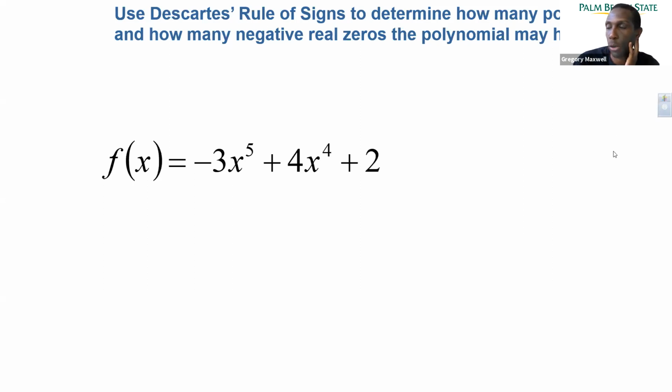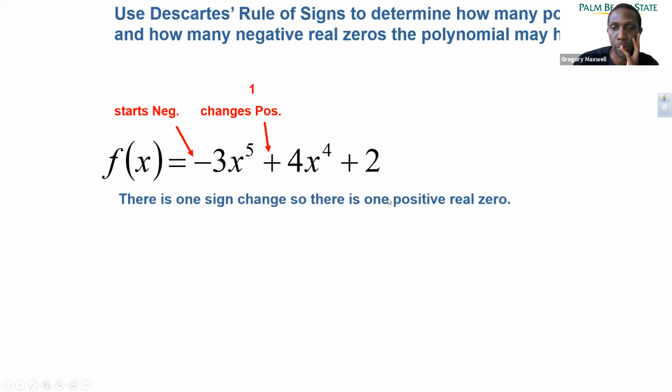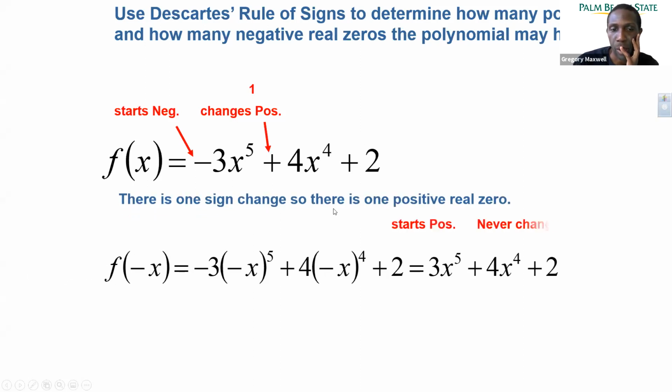Since it's telling you you must have one or an even number less of positive zeros, you must have one because you can't have a negative number of positive zeros. All right? So since there's only one sign change, there must be only one positive real number 0. Now when we replace x with negative x, we get no sign changes.